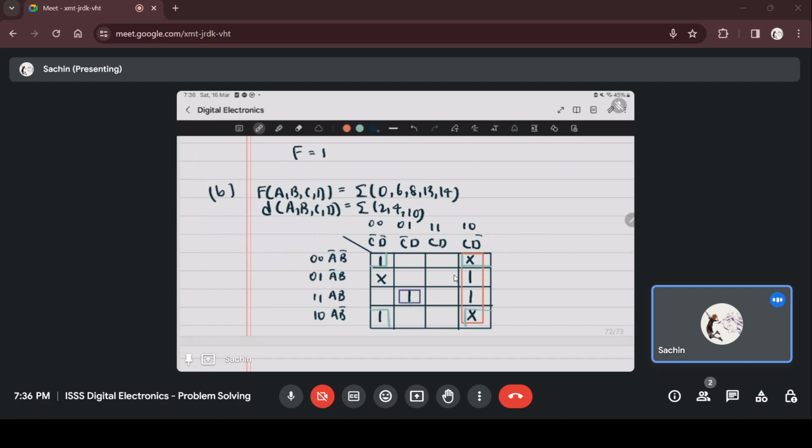So there are only three terms in the simplified expression, and the simplified expression is CD bar. That's the pink quad. The blue quad will give you B bar D bar. The single one will give you A B C bar D. So that's the simplified sum of products expression of f of ABCD with don't cares.